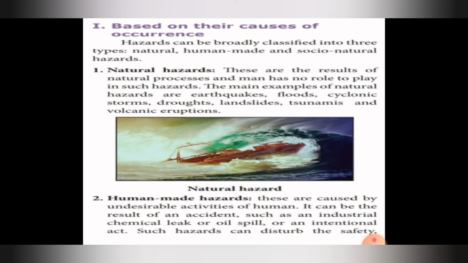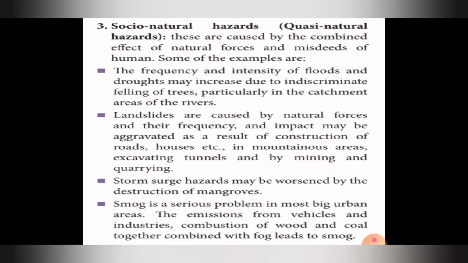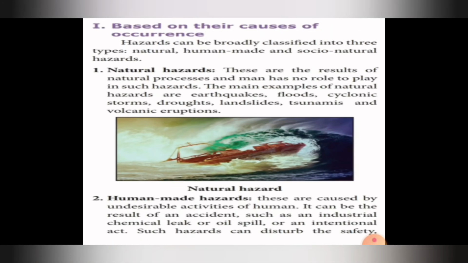Under that, based on their causes of occurrence, they have given three types of hazards. First one is natural hazards, second one is human made hazards, and third one is socio-natural hazards, that is quasi-natural hazards. These three hazards come under what?